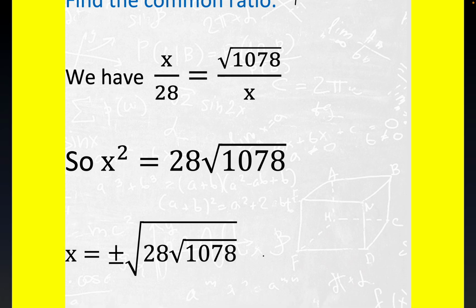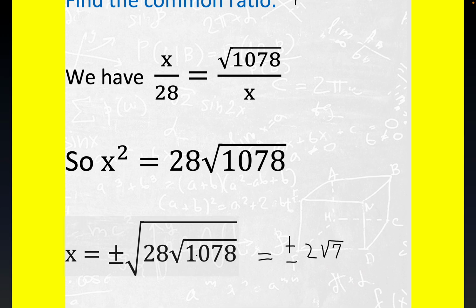So this would be equal to plus or minus. Now, let me just see if I can. 4 times 7 is 28, so this would be 2 root 7. Okay, now that's just this part right here.